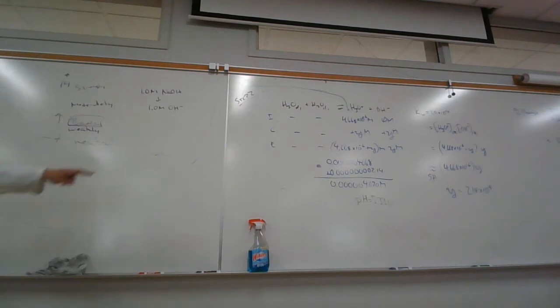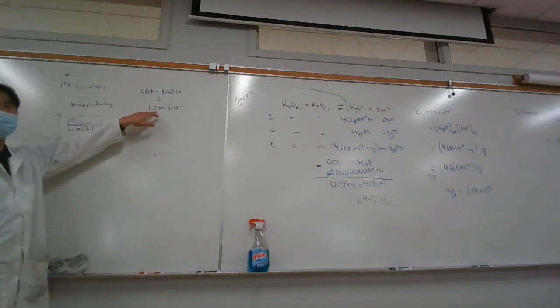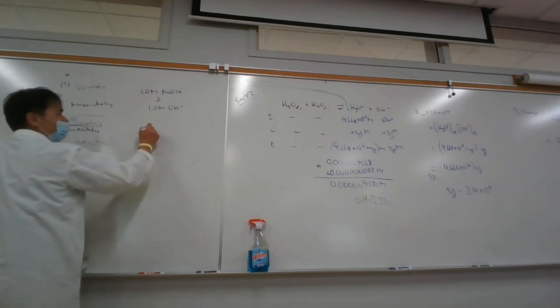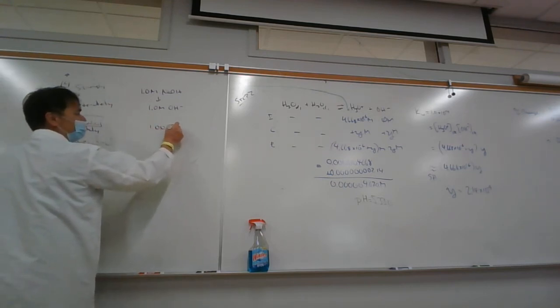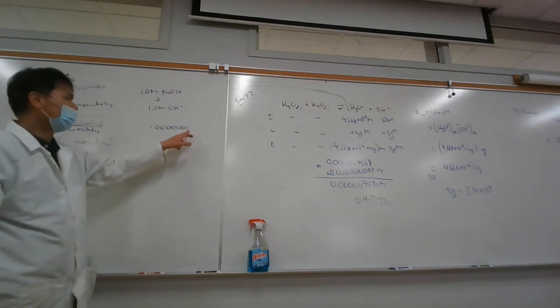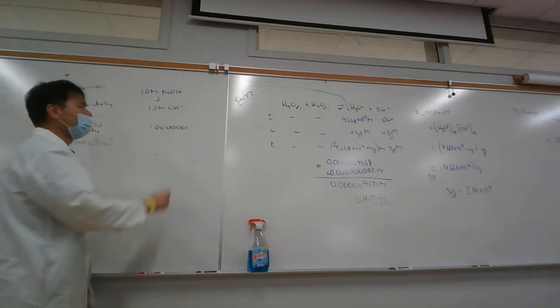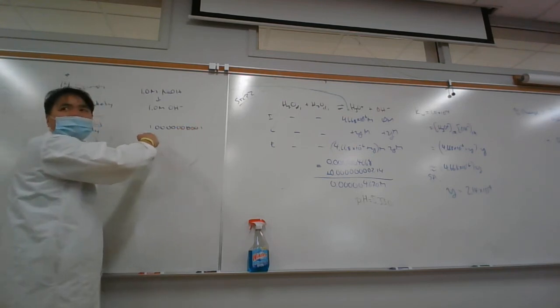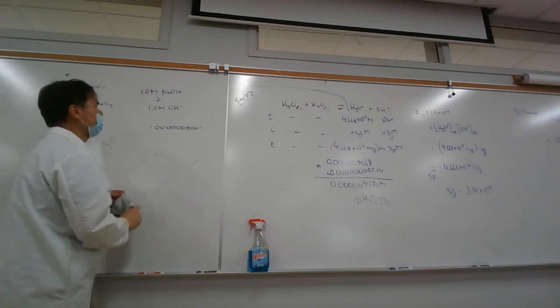Will adding 1 times 10 to the minus 7 molar to this make any impact at all? No. I mean, the most I'd get is 10 to the minus 7, so that's 6 zeros and a 1. But because of the common ion effect, I'm going to get a lot less. And so if I get a lot less, it has really no impact on that. And so here we ignore it.